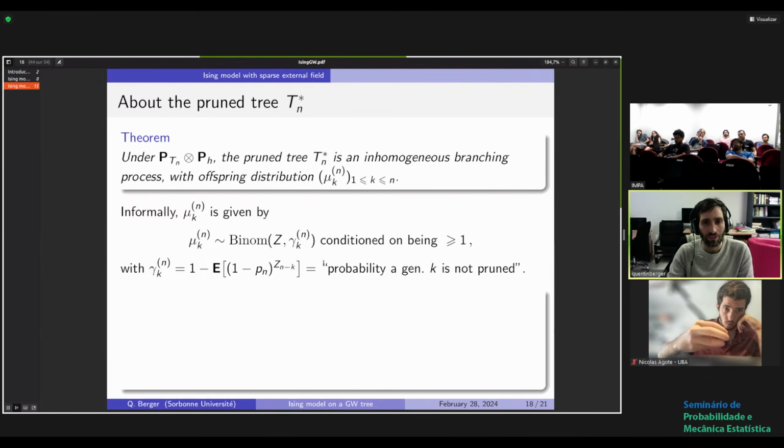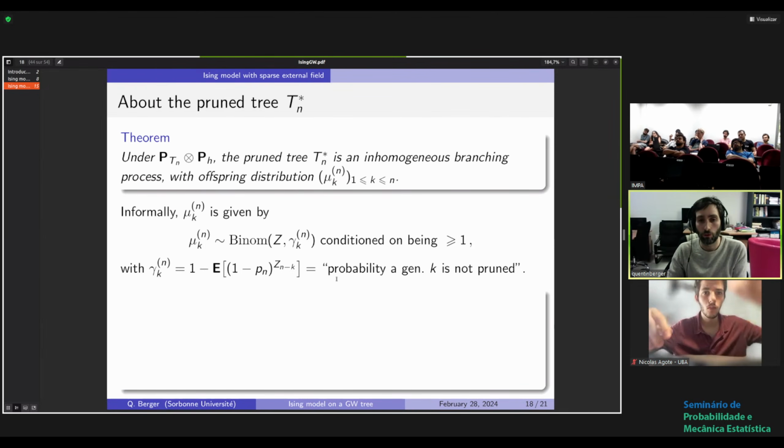I know that that's a lot to take in, but the key fact is that the way you pruned your tree from the leaves, you prune a lot of branches. What you obtain is a Galton-Watson, a branching process, but inhomogeneous. And the idea is that when you are at the bottom of your tree, this parameter gamma k will be close to 1, right?